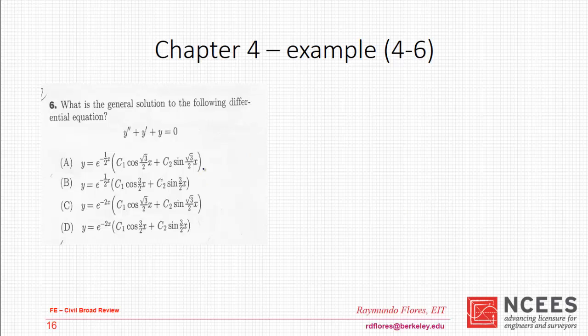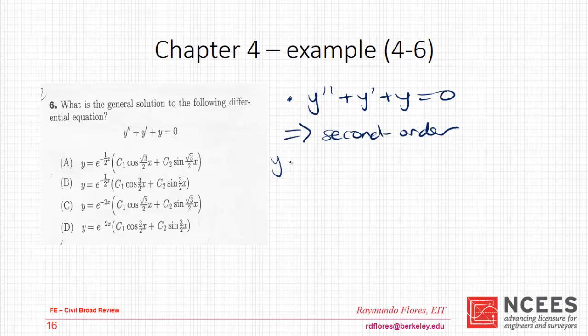So here's an example. It says, what is the general solution to the following differential equation? Like I said, a lot of times the right-hand side is 0. We know this is second order. So the first thing we want to note is that the overall solution is going to be yp plus yh. Now we have to look up both.